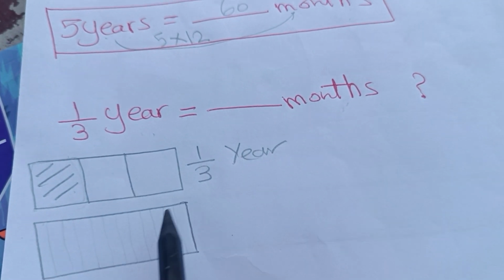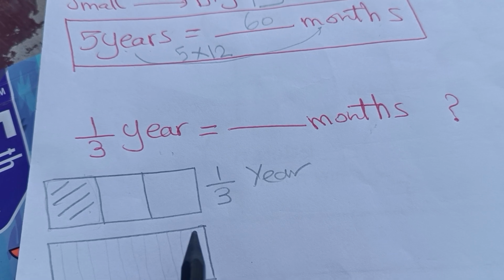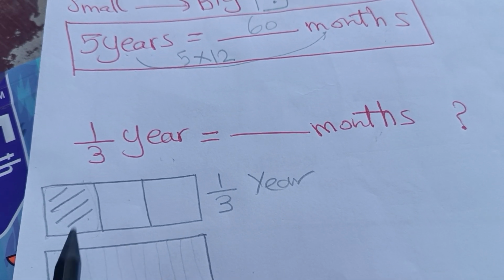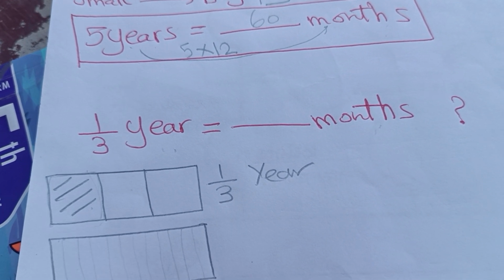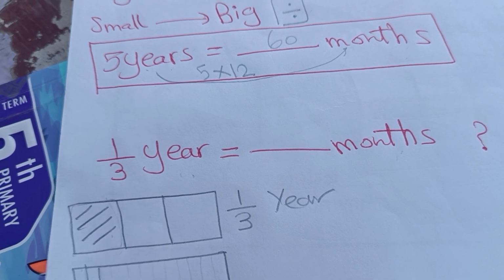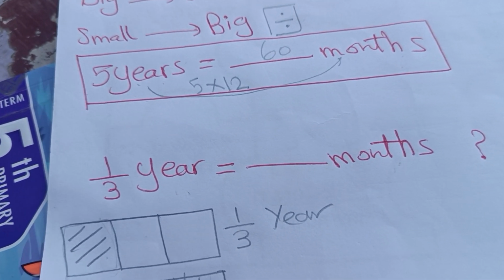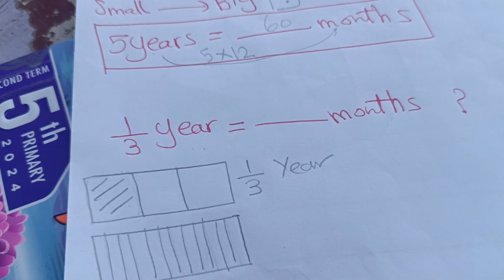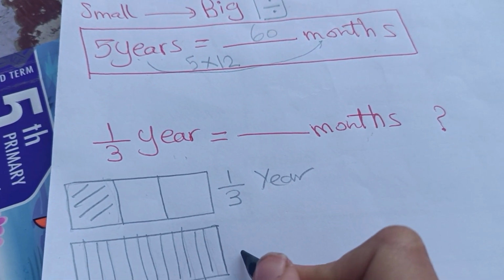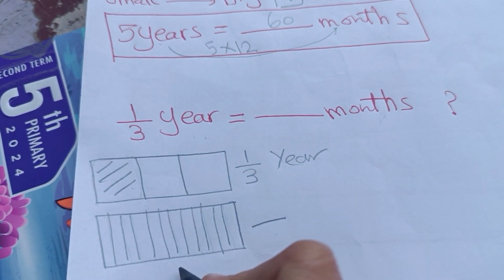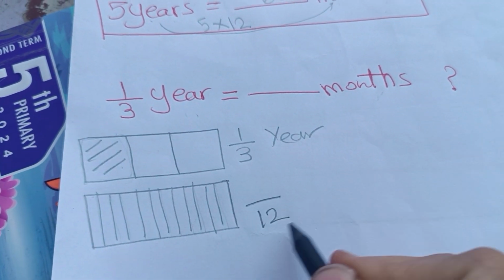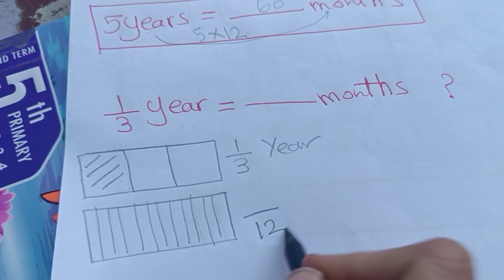In the same logic, I can divide the 1 year into 12 equal parts, or into 12 months. 1, 2, 3, 4, 5, 6, 7, 8, 9, 10, 11, 12. And it will be expressed as a fraction out of 12. My denominator here will be 12.